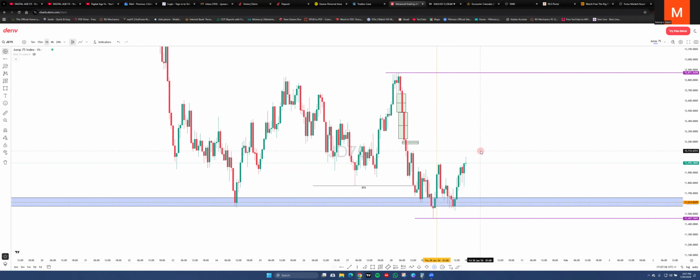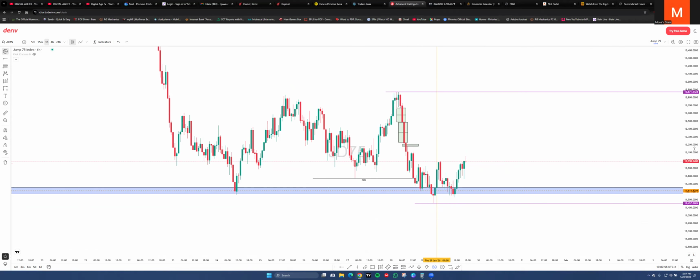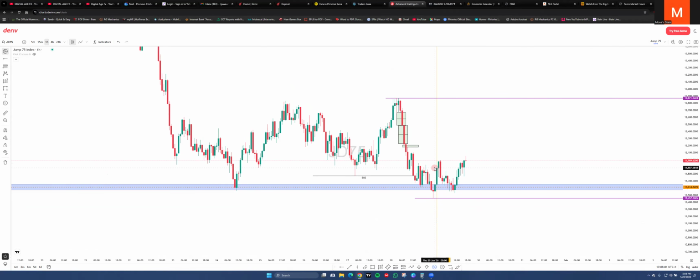All right. So at this point on 1 hour, the only thing that could make me take this trade right now is if I would have taken it from here. See this little other block here. I would have just taken the buy from here, taken out stop here.